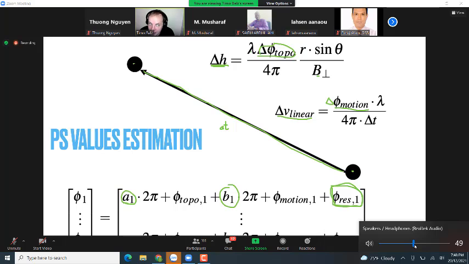Well, you set a range of acceptable height differences or motion differences between these 2 points. So you'd say from minus 100 to 100 meter height difference, minus 50 to 50 millimeter motion difference, just as an example.